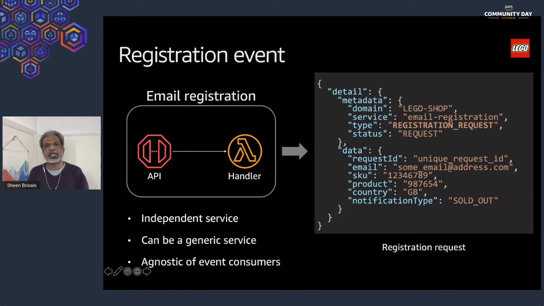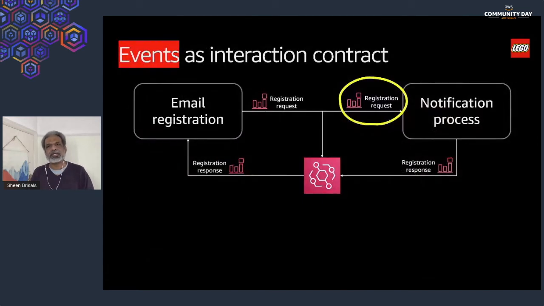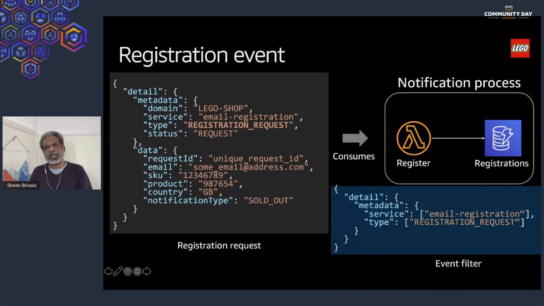Now, how does it get to the other end? On the other side, you have the consumer. You set up a rule to filter the required events and then send them off to the target. In this case, the microservice acts as the target for this event. I show here a simple filter. It's saying that if an event comes from this service and of this type, then yes, send it to me.